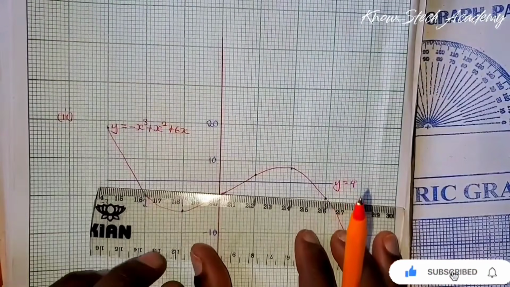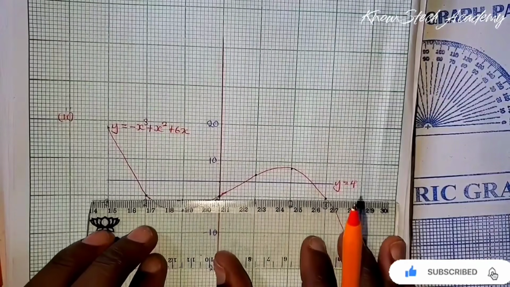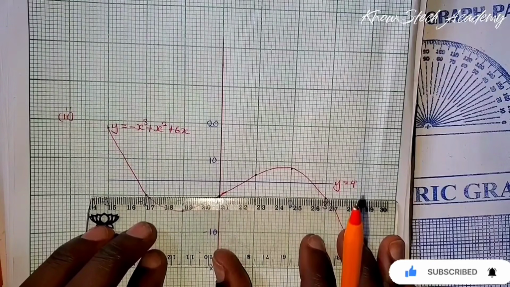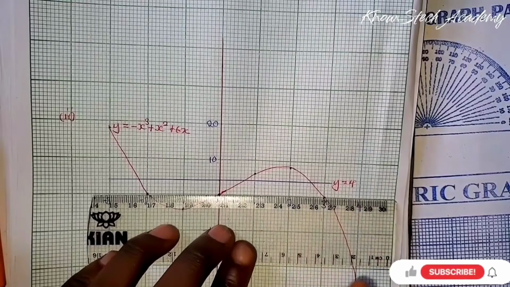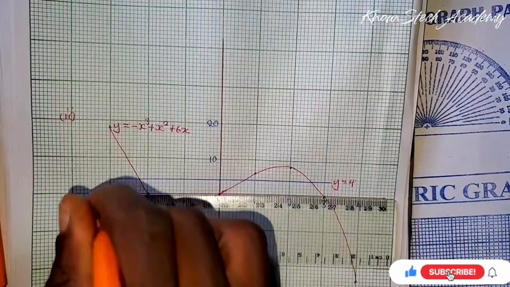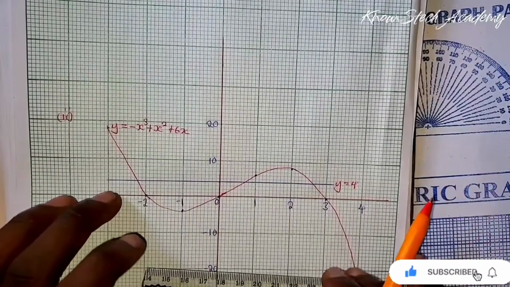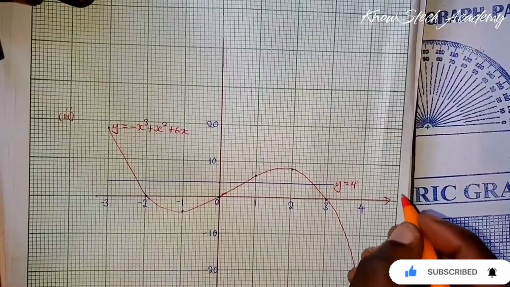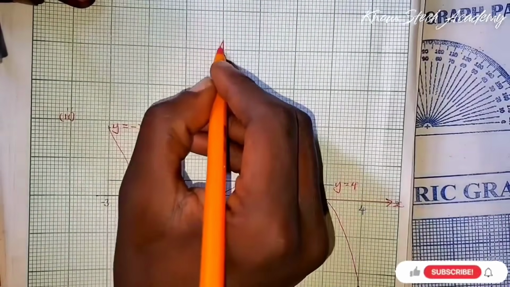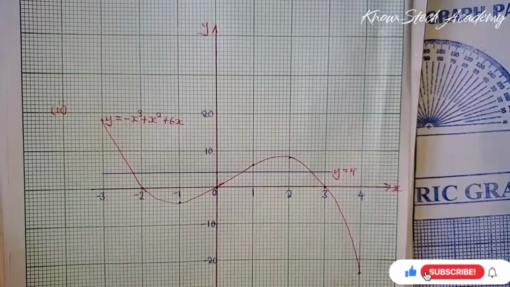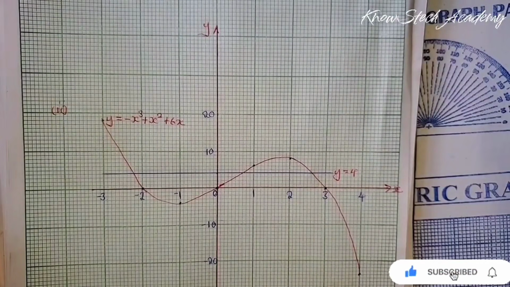Then this is the x-axis here. This is the first thing you begin with after interpreting the scale. Something like this. This looks neat. So this is the x-axis, and this is our y-axis.